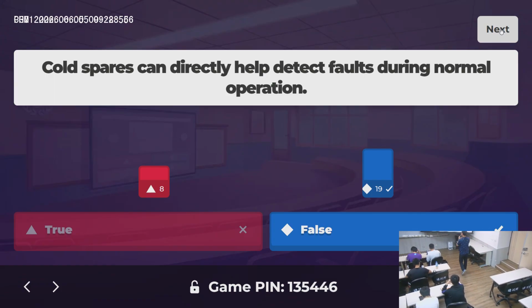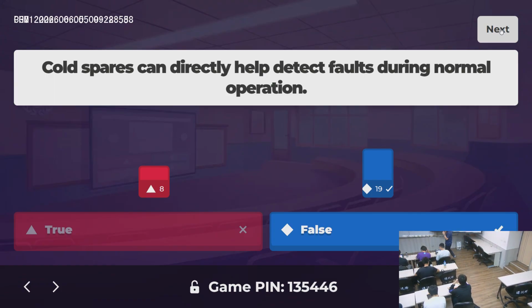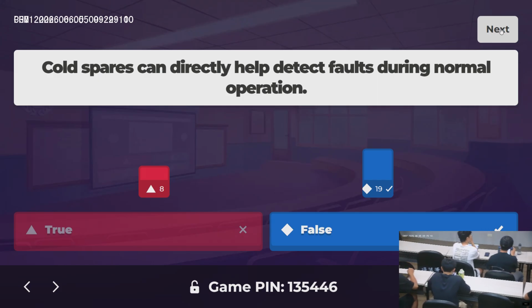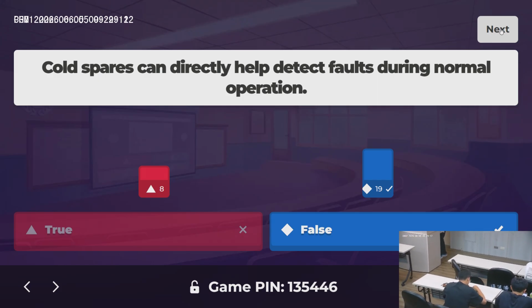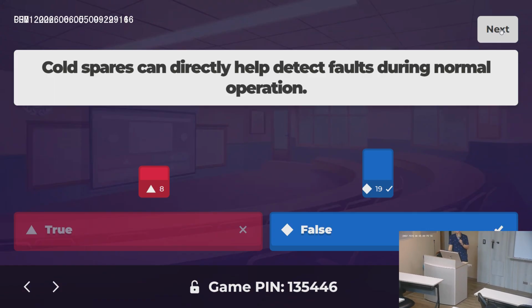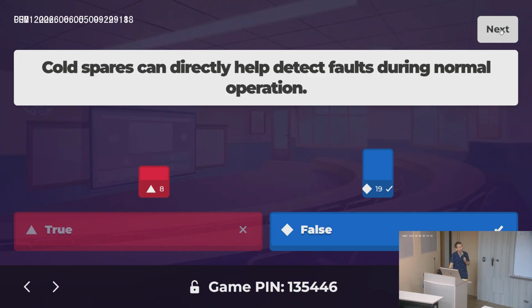Thank you for your contribution to this problem. So here, please try to check in our slides what is cold spare and what is the purpose of cold spares. So in addition to cold spares, we also have hot spares. So you may check that if we talk about hot spares, can hot spares be helpful for detecting faults? That is an interesting question.